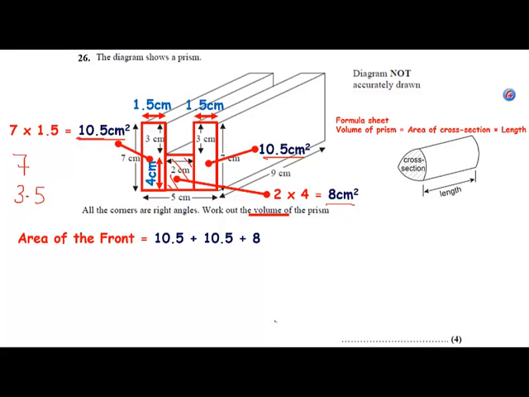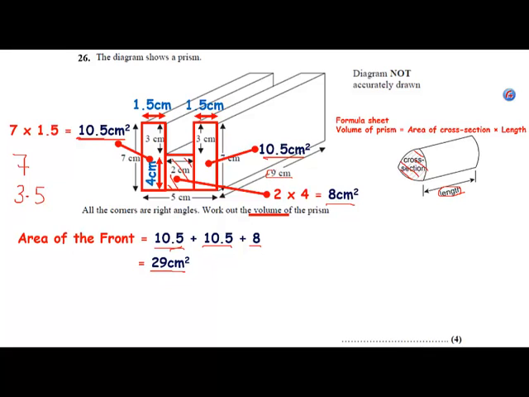Okay, so 10.5, 10.5, and 8. 10.5 add 10.5 is 21. 21 add 8 is 29. 29 centimeters squared. So be okay with this, be familiar with this, make sure you can do that up to this point. Remember, at the beginning we said to work out the volume, you need to work out the cross-section area and then times it by the length, in effect how far back it goes.